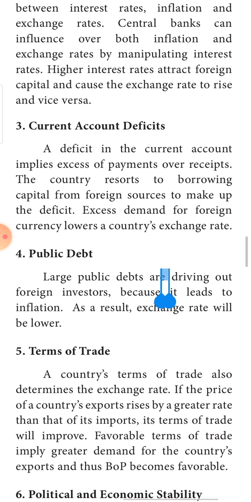Next is public debts. If we have borrowed too much money from other countries, what will happen? Money supply in our country will fall. This will drive out all the foreign investors, because when we owe huge amounts of loans to other countries, no one will come and invest in India. As a result, our exchange rate will fall.